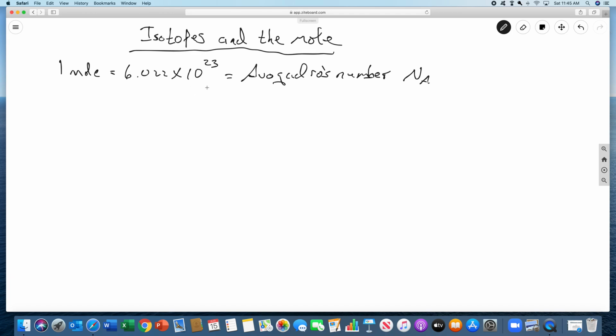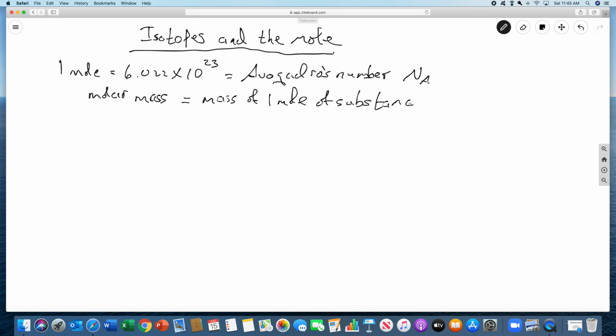All right? And then there's the atomic mass, or the molar mass, which you get off the periodic table. It's the mass of 1 mole of substance.